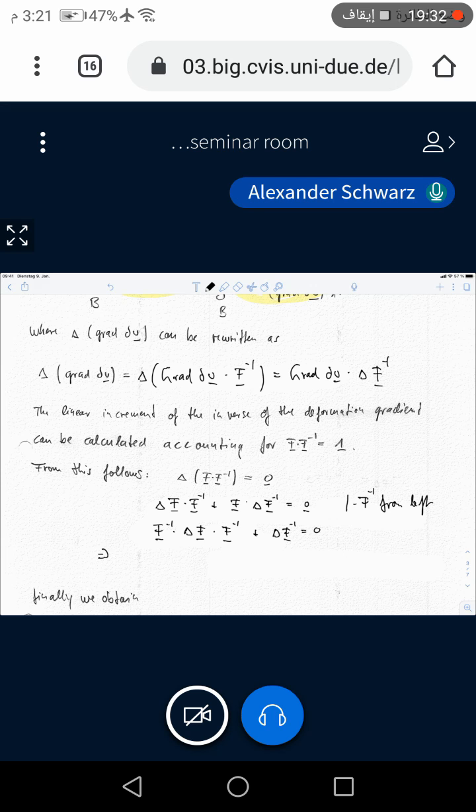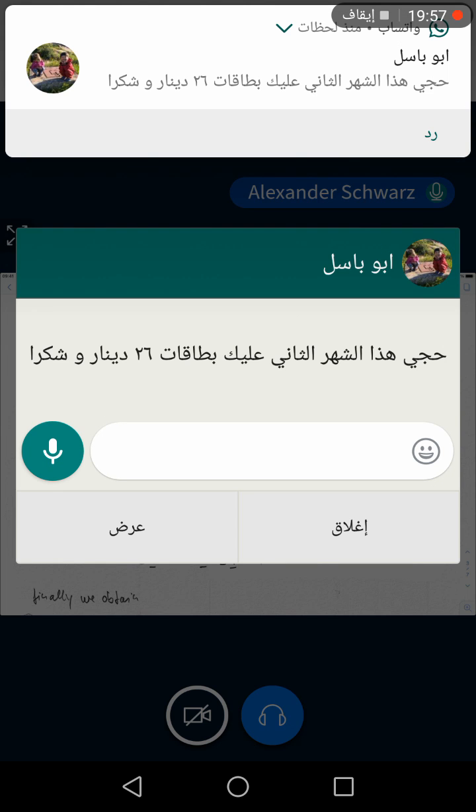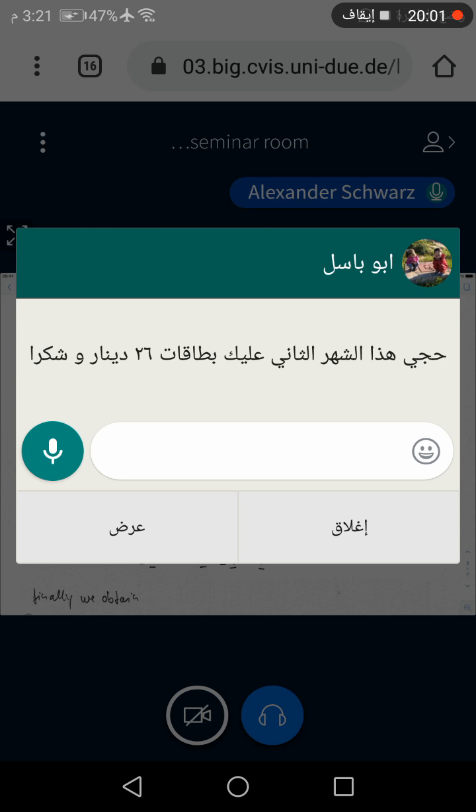And from this I can derive delta F to the -1 is equal to minus, and then this expression on the other side. I have to bring this with minus on the other side.